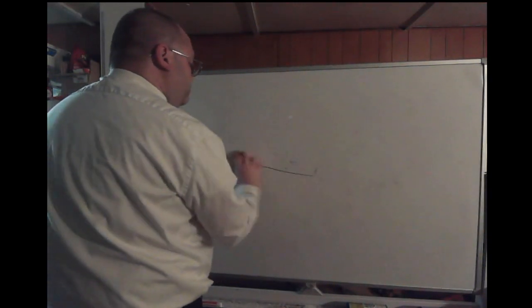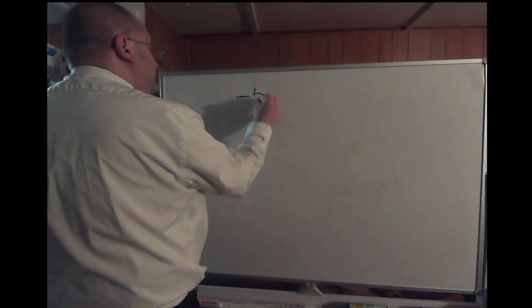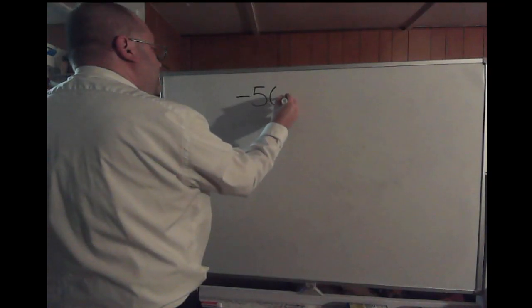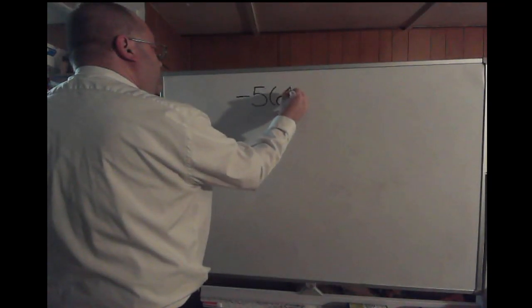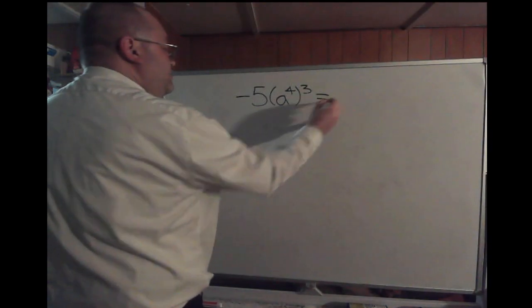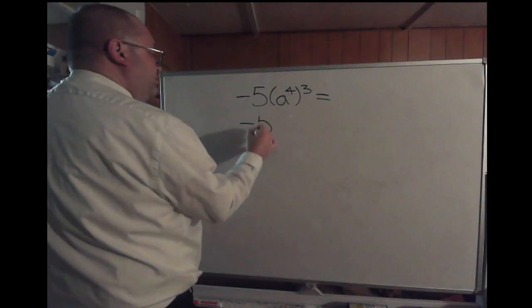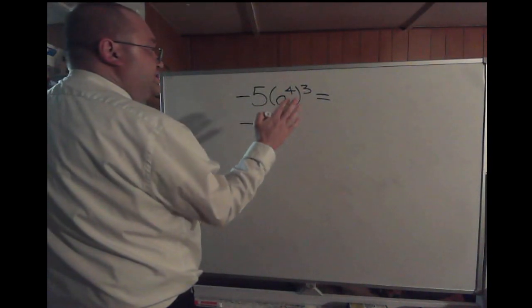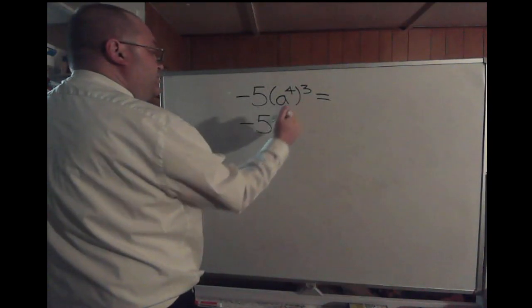I suppose we could do one more like it. -5 times the quantity of a to the fourth to the third power. So again, you're going to leave your constant alone for a minute, but order of operations dictates we deal with the exponents first.